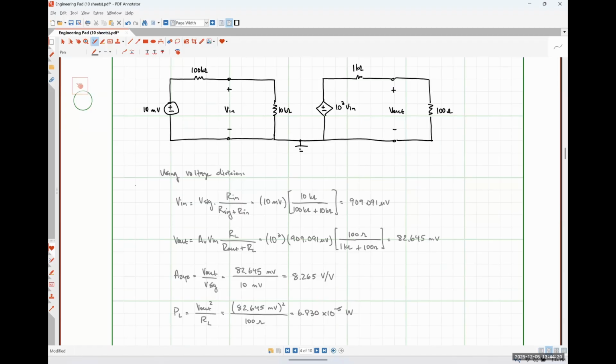Similarly, my output resistance of my amplifier is actually 10 times larger than my load resistance, right? So if that R out were lower, I would get a larger voltage divider ratio on the output side of things, which would also increase my overall system gain, okay?